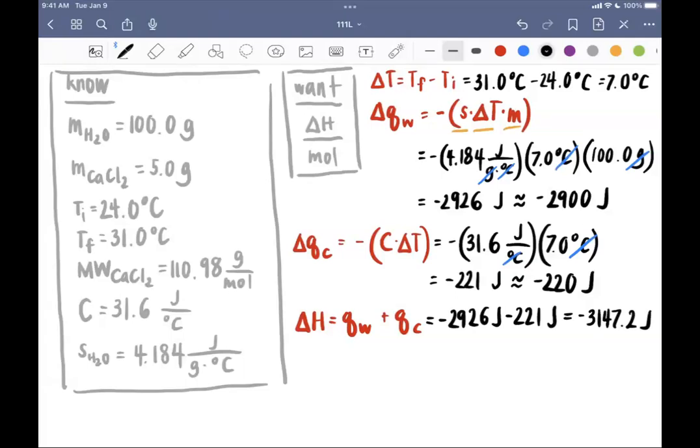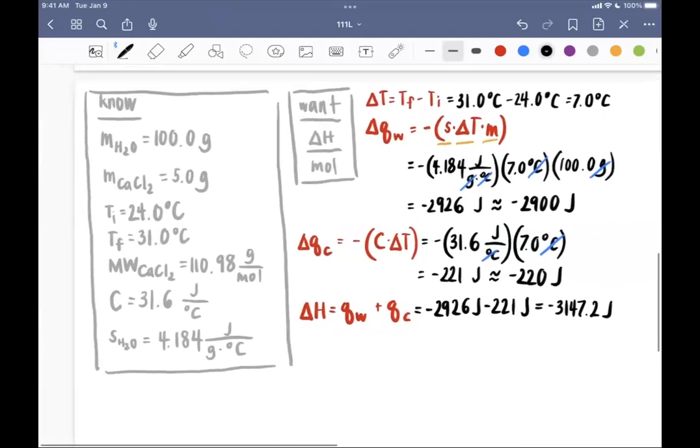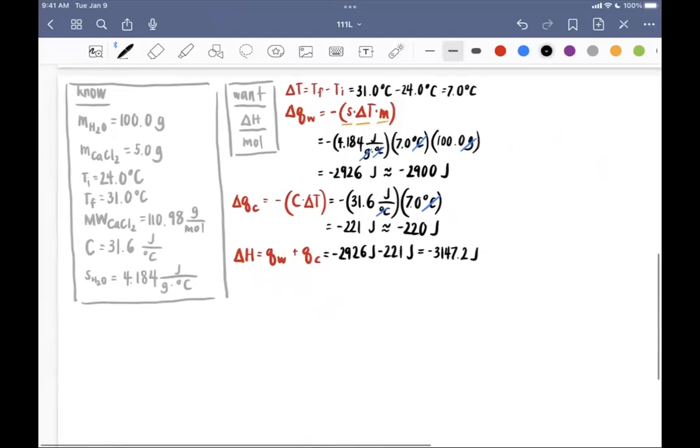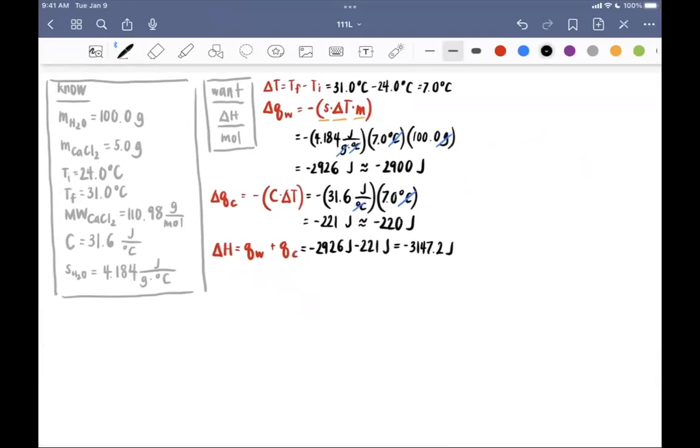If you're asked to, like you were on the data sheet, convert this from joules to kilojoules, I'll zoom out a little bit so that we can continue that here. We can multiply times 1 kilojoule in 1,000 joules.